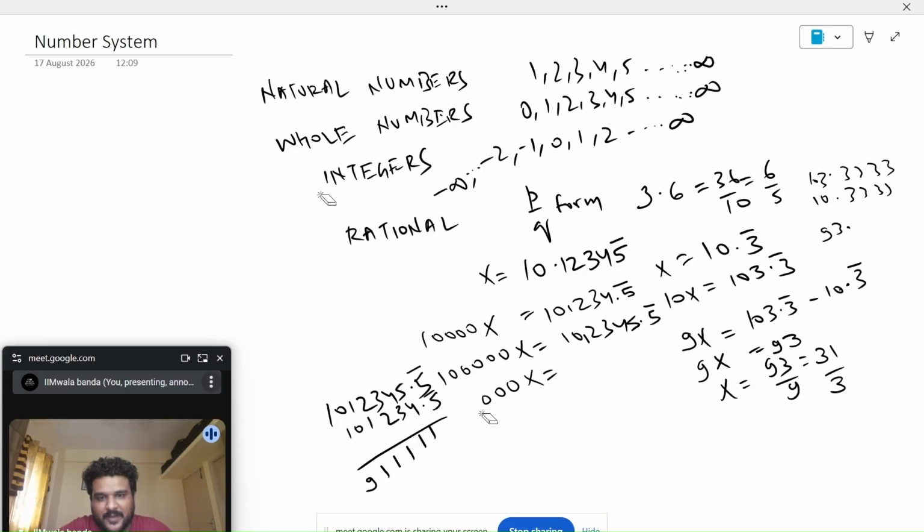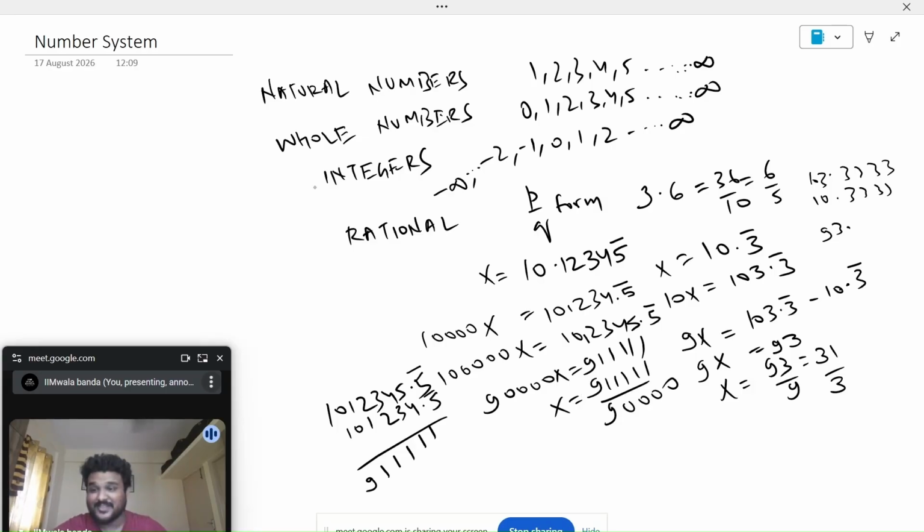So this basically becomes 9000x, and this is 91111, right? So x is 91111 upon 9000. This is still p by q form. So they're all your rational numbers.